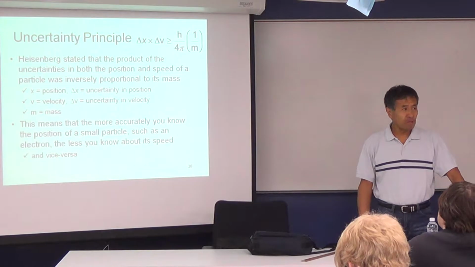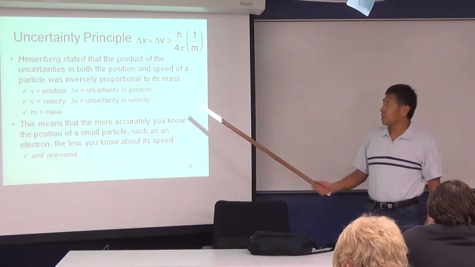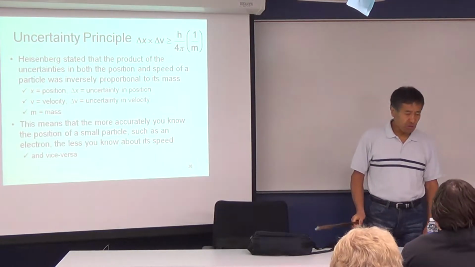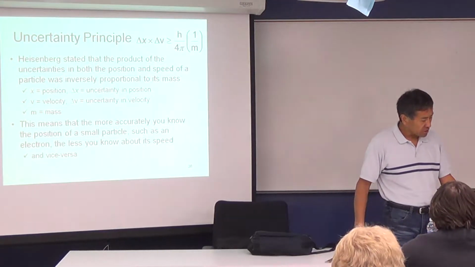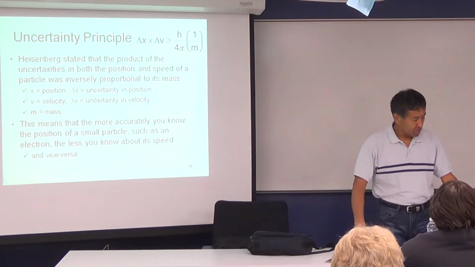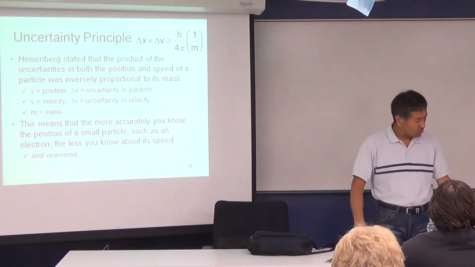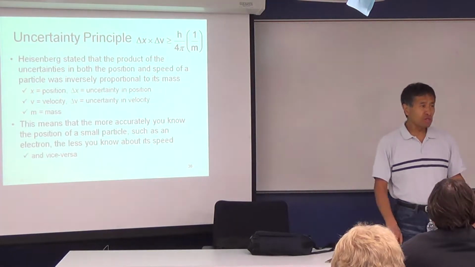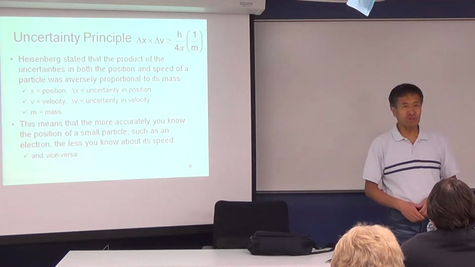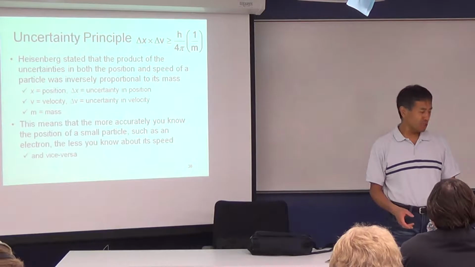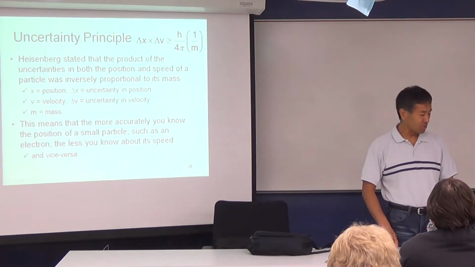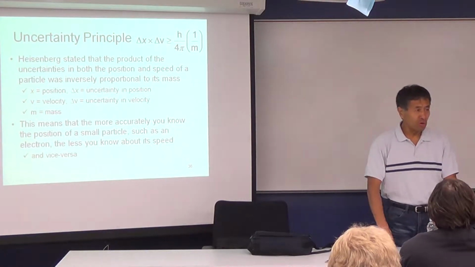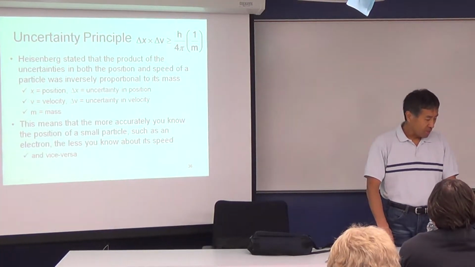He said you cannot simultaneously measure, calculate or predict the position and the speed of those small particles. Actually, this principle applies to all particles. That means you cannot predict precisely the position and the speed of even a ball or a car or an airplane.